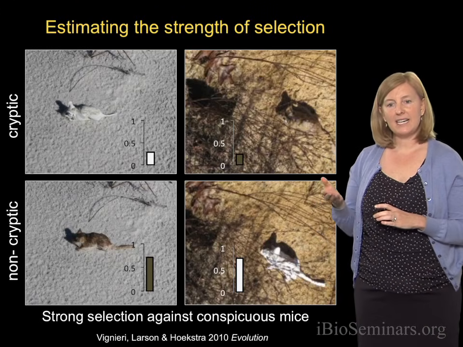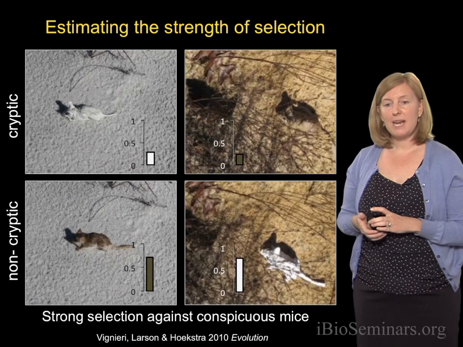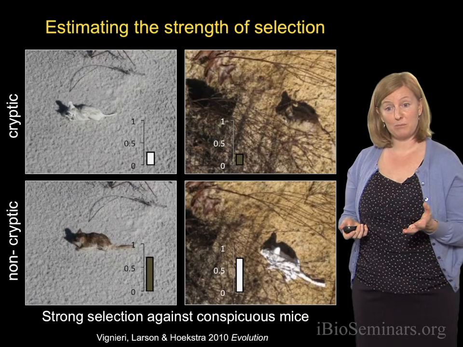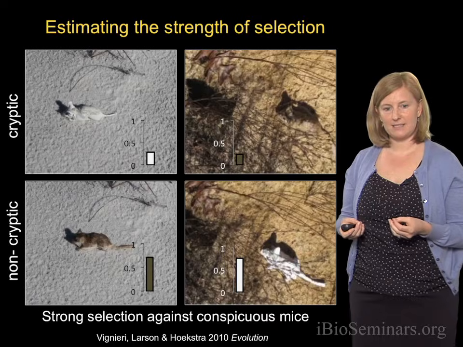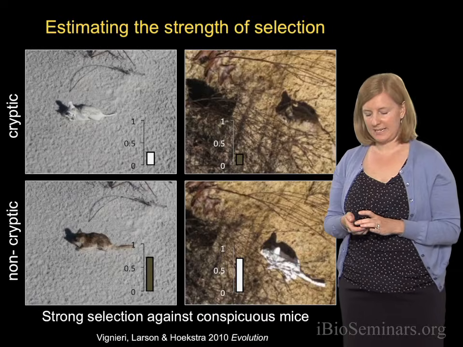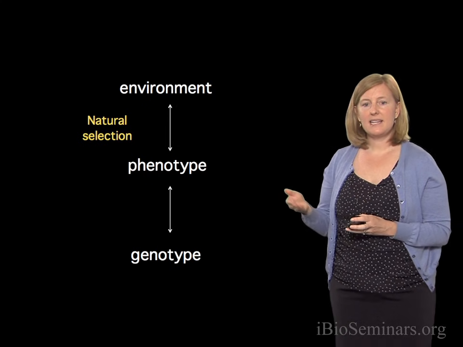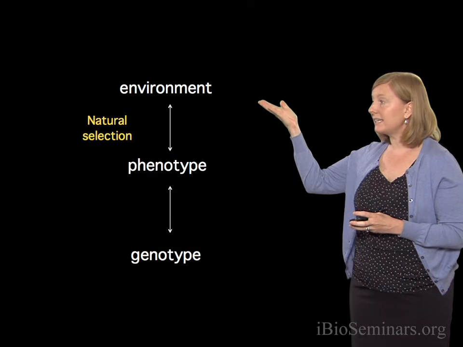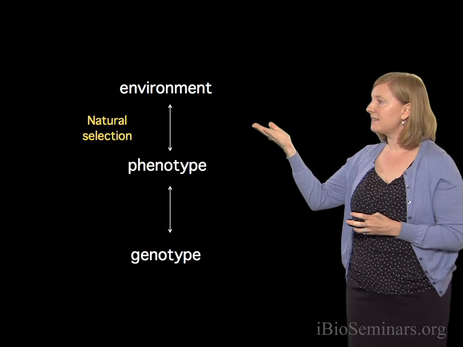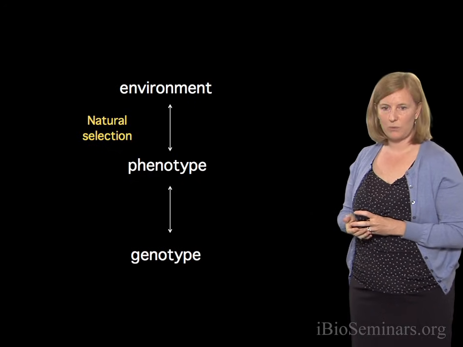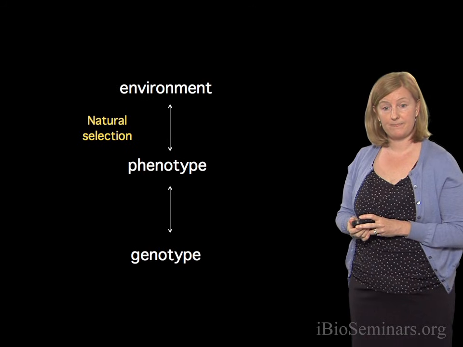About half the attacks were due to avian predators, and about half of the attacks were due to mammalian predators like coyotes and foxes. So together what this experiment is telling us is that the differences in color variation are tightly linked to the environment, and that natural selection is playing a role in driving these color differences.